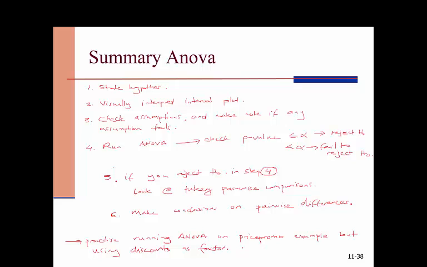State what the levels are going to be. Okay, I think there's 4 of them. State what they are, set up the hypothesis, visually interpret, check your assumptions, run the ANOVA. If you get a significant result, look at the Tukey comparisons and make conclusions.